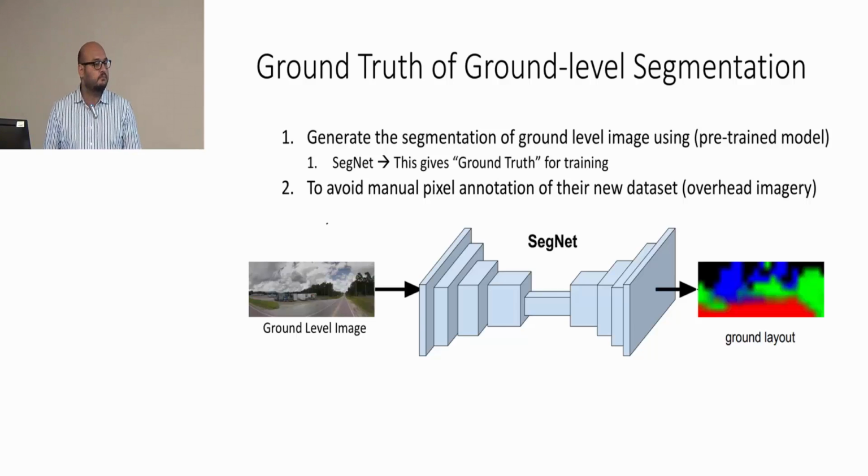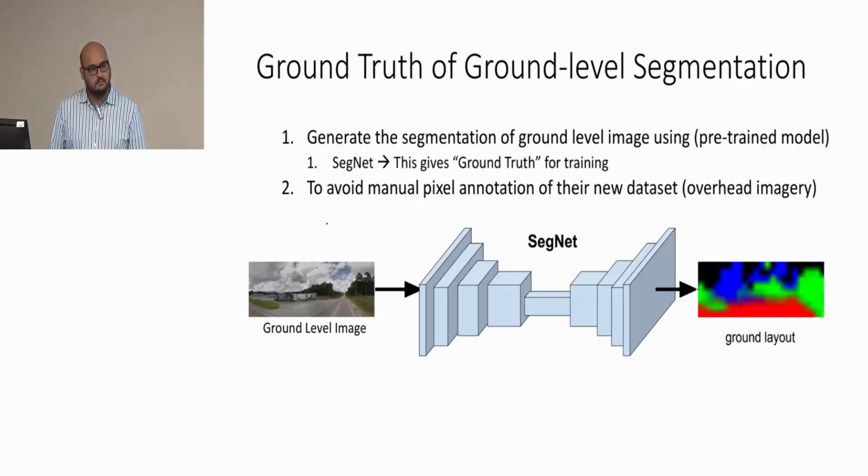The main thing is that to do training, you need annotation. There are lots of ground level images available in pre-training, and they want to use that just for testing to get the ground level segmentation.